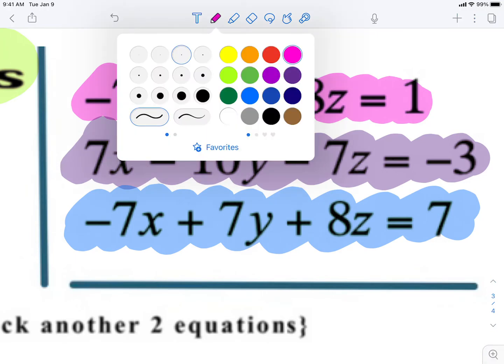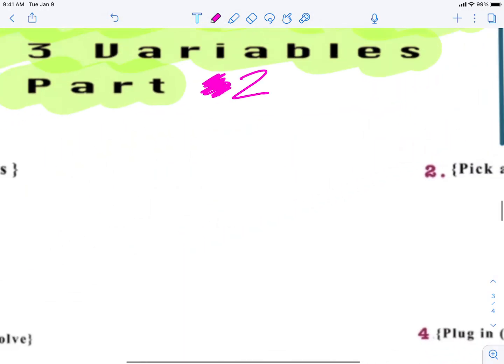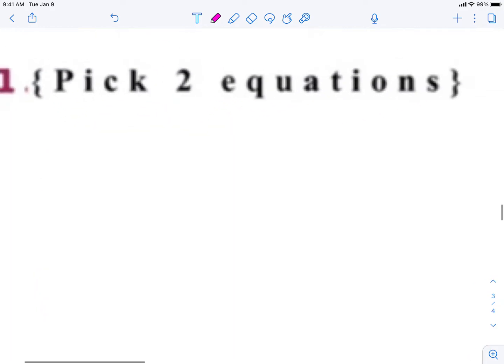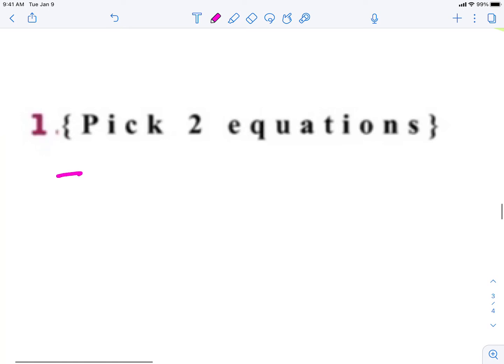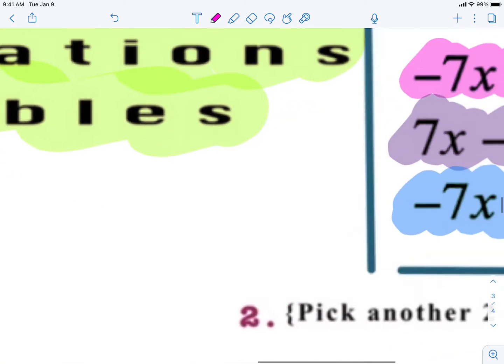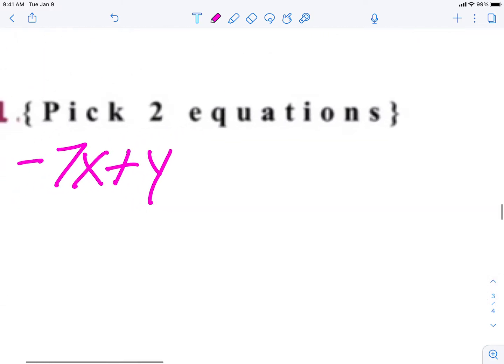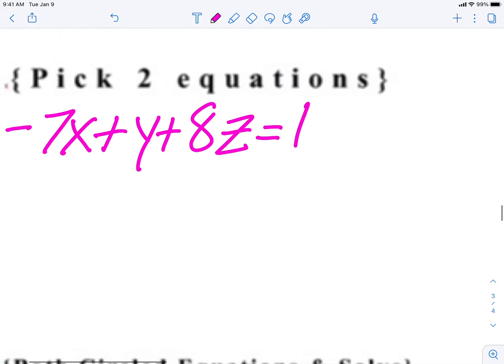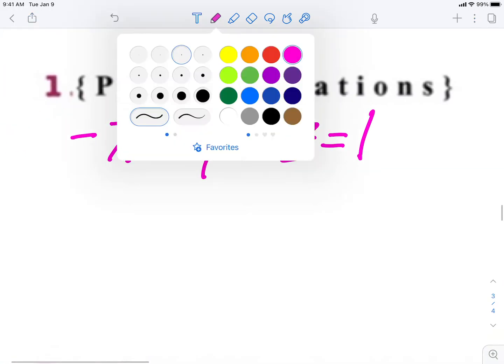So let us write the first equation pink: negative 7x plus y plus 8z is equal to 1.